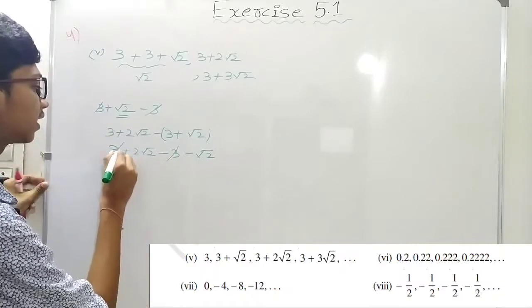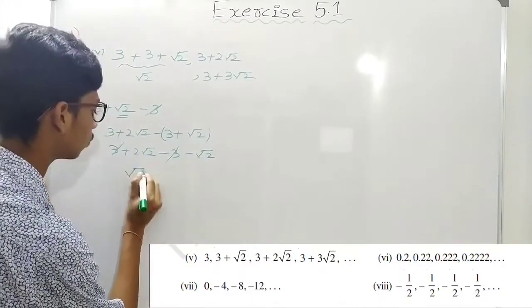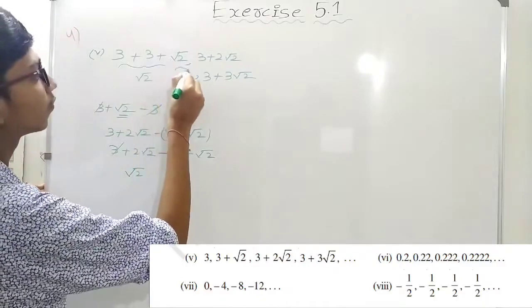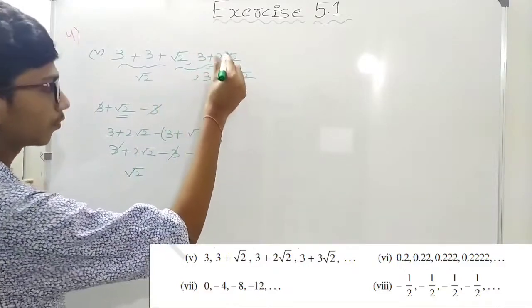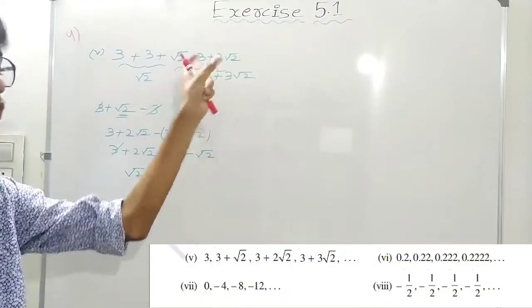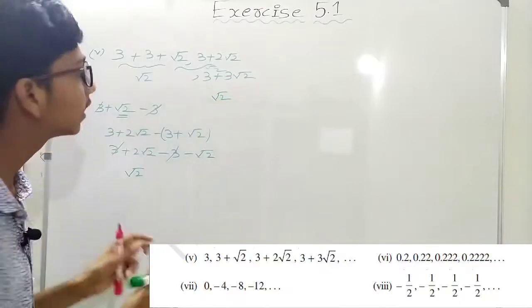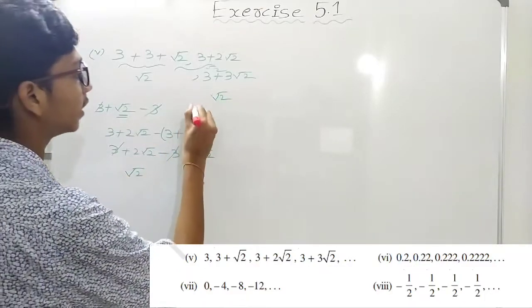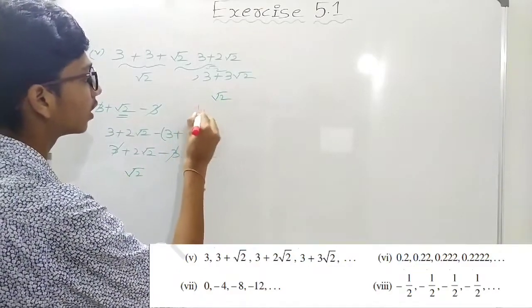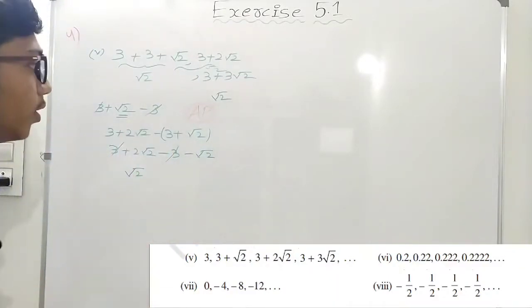Minus 3 gets cancelled. 2 root 2 minus root 2 will be root 2. So here the difference is root 2. And if you check the difference between 3 plus 3 root 2 and 3 plus 2 root 2, it will also be root 2. So we can clearly say that it is in an AP, in arithmetic progression.